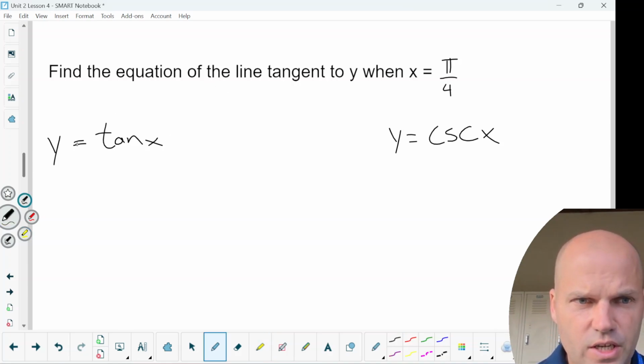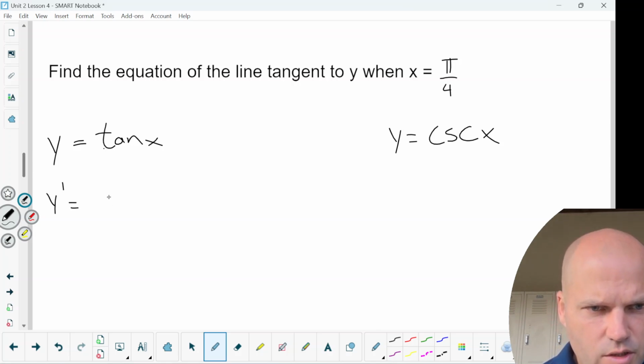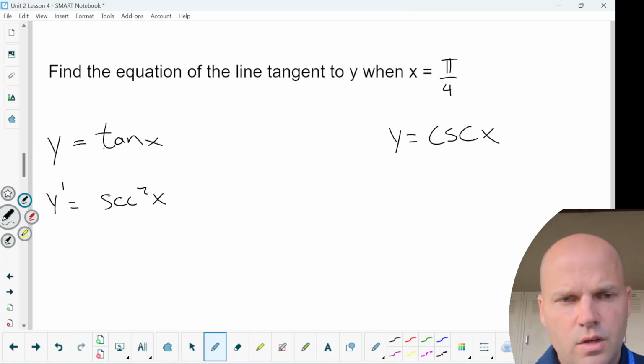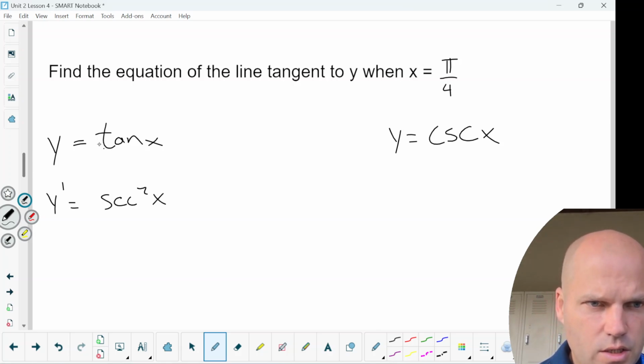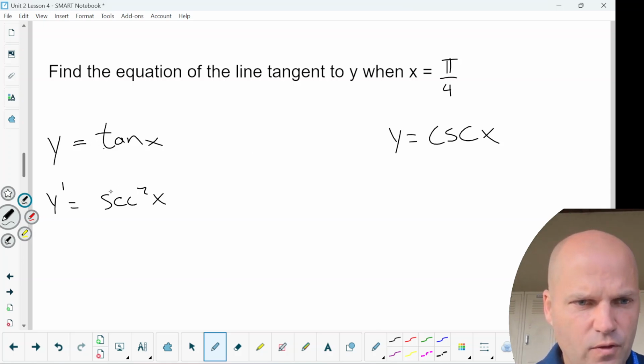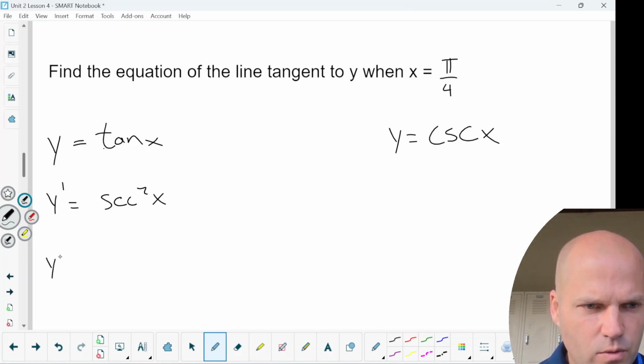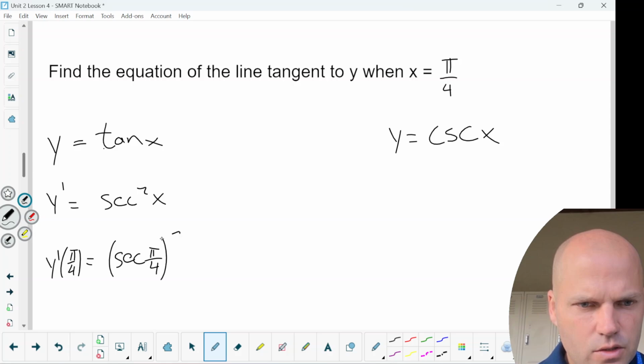So let's find the equation of the tangent to tangent. Well, the slope equation for tangent is secant squared. If I want to find the slope at pi over 4, how do I evaluate y's slope at pi over 4? Well, we would rewrite secant as secant of x squared. Now, secant is the same as the reciprocal of cosine.